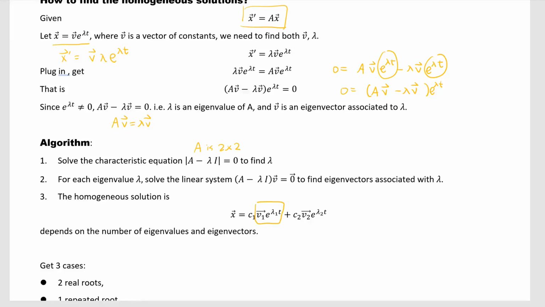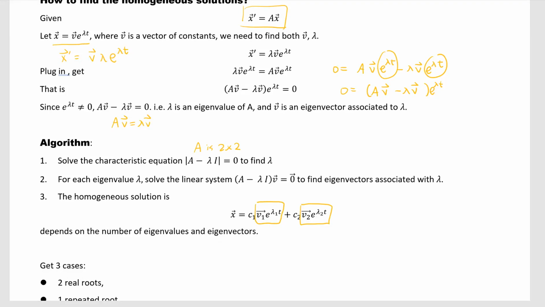V1 is the eigenvector associated with the eigenvalue lambda 1, and V2 is the eigenvector associated with the eigenvalue lambda 2. If we have two complex roots, then they look like that. So depending on the number of eigenvalues and eigenvectors, here is our algorithm.